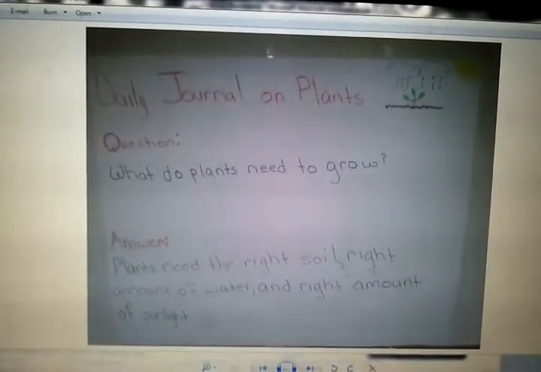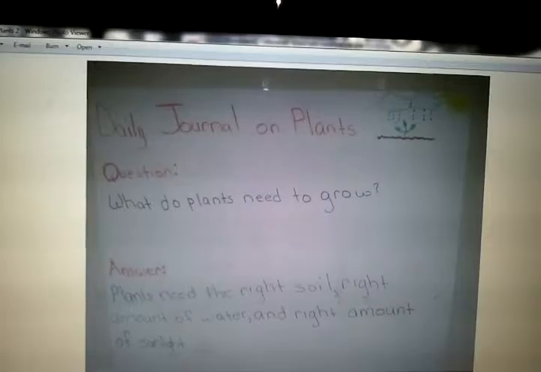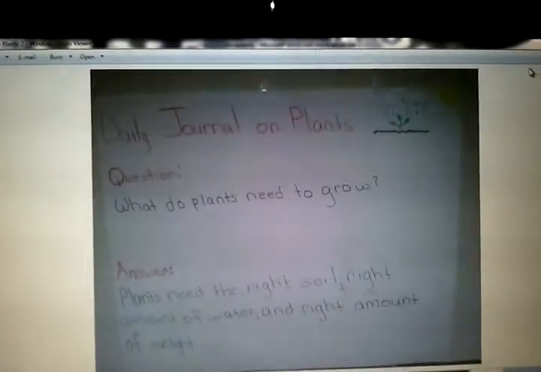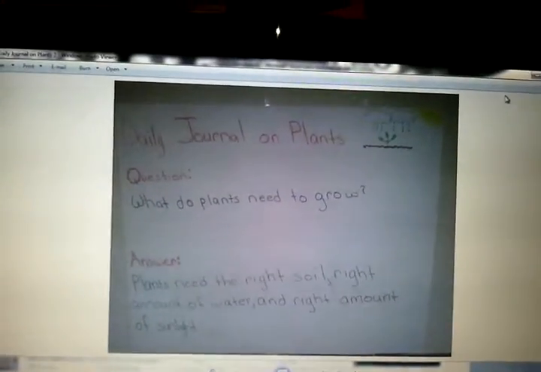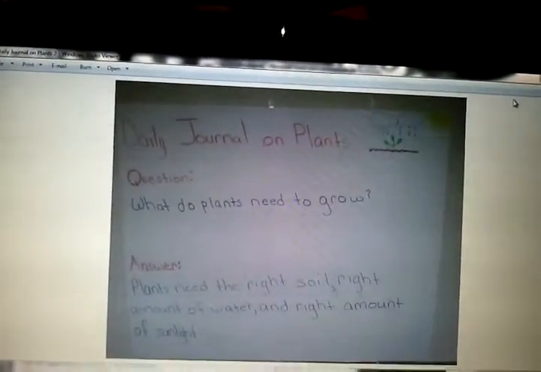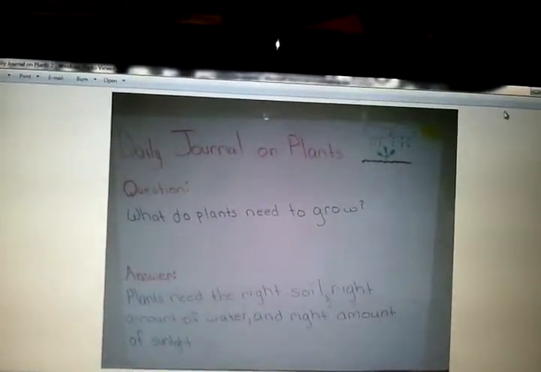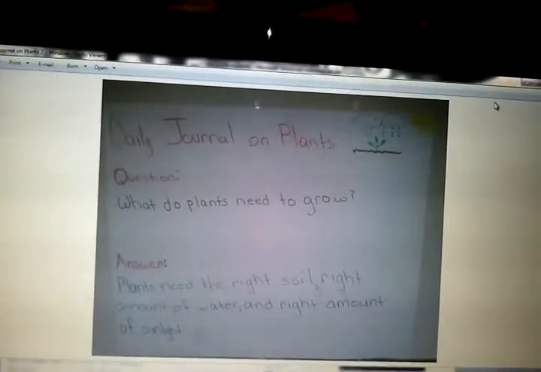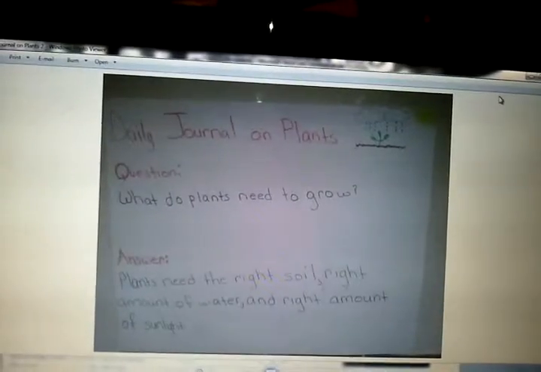Okay, I'm going to start off with my bulletin boards. Two of them were messed up, so I have to show them from my computer. One was a daily journal that the kids will be working on, and each day we will pose a question, and they will find the answer for the question, and they will write it in their journal.